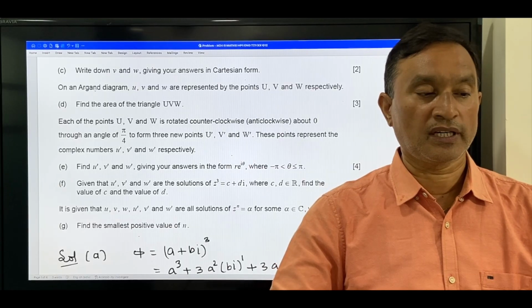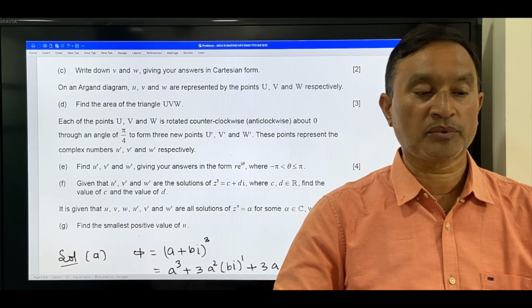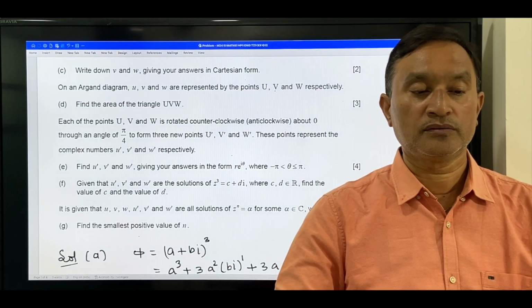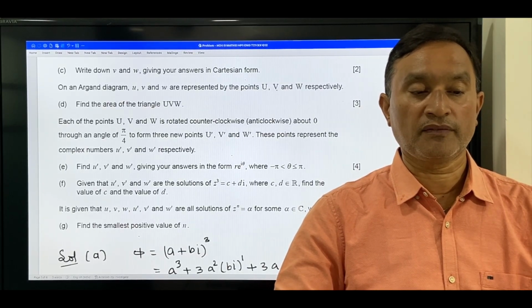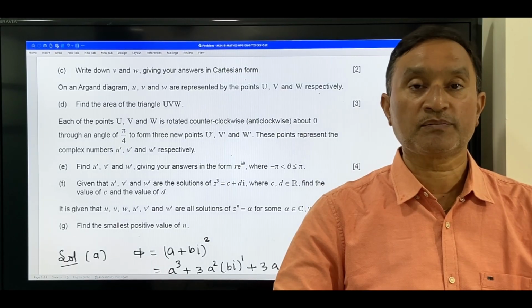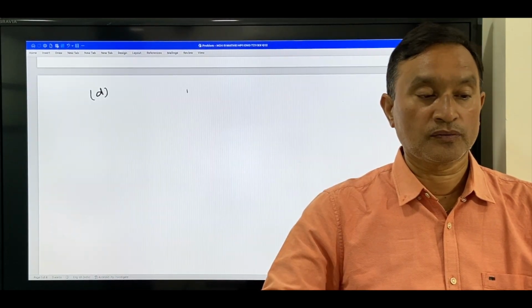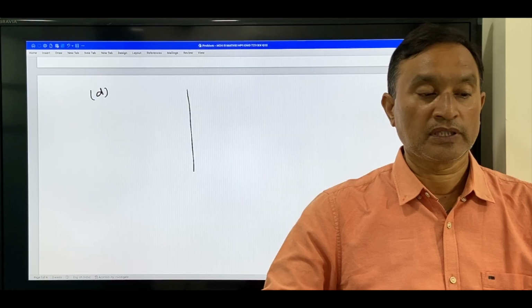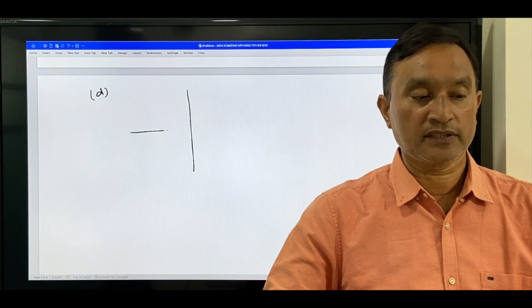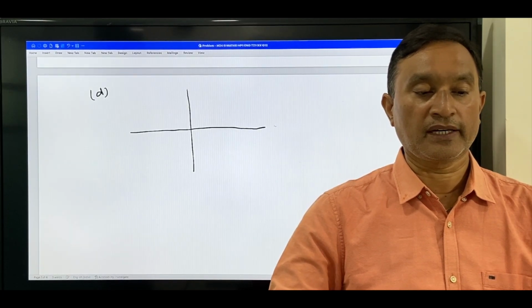Now here on the Argand diagram, U, V, W are represented by capital U, capital V and capital W respectively, 3 points. So we will sketch the Argand diagram.